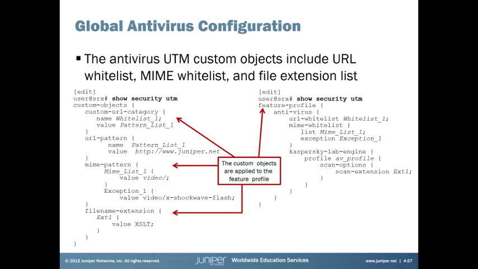Why would you have a whitelist? Well, one of the reasons is to reduce the processor burden of scanning absolutely everything. Let's say there are certain sites that you use on a regular basis as part of your business, maybe online databases that you access all day long.